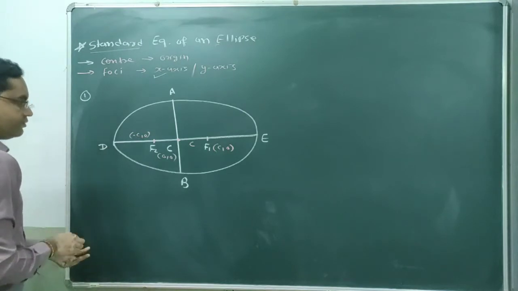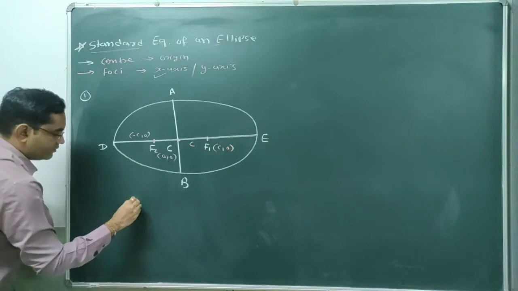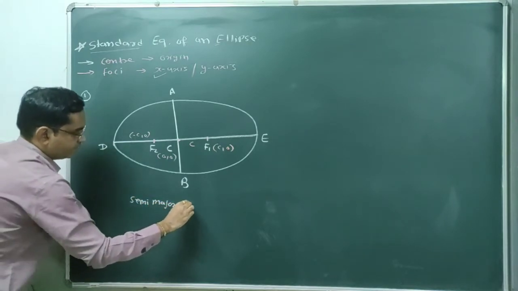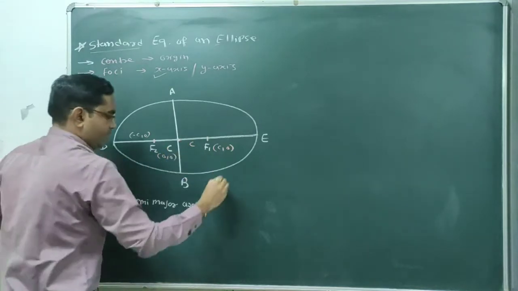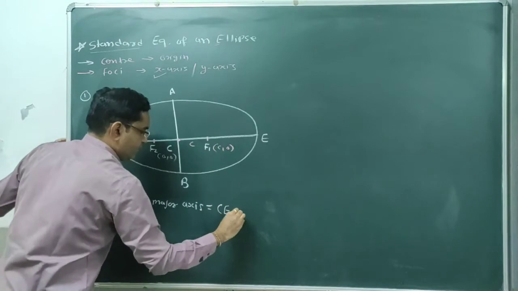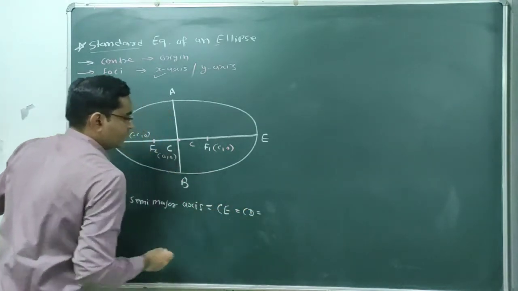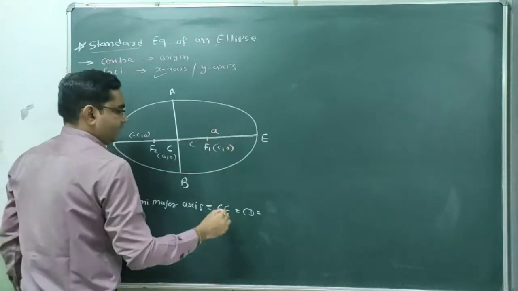So here major axis, or we can say semi-major axis, is nothing but the CE. Also, this CD can be written as semi-major axis, and the length of semi-major axis, we are always taking it as a.